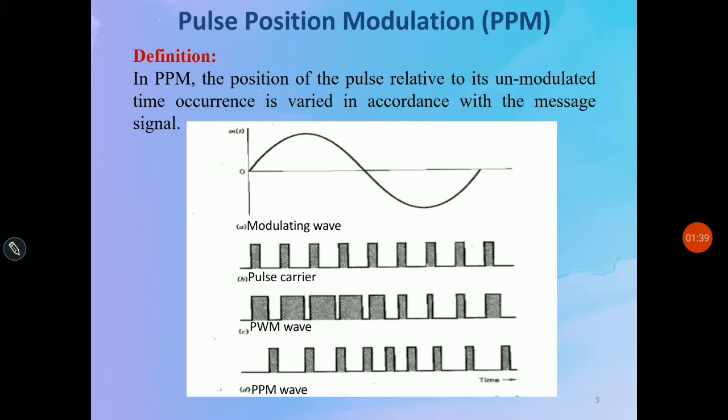In PWM, the width of the signal is varied with the instantaneous value of the modulating signal. And in PPM, the relative position, according to the time occurrence, is varied with the instantaneous value of the modulating signal.